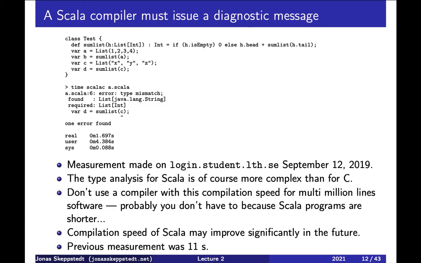One more thing to note is that the compilation time is quite severe. This measurement was done in 2019. A few years ago, it took 11 seconds to compile this. So be prepared for longer compilation times than you are used to.